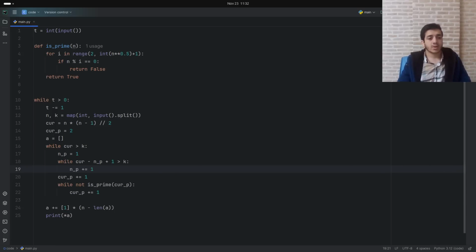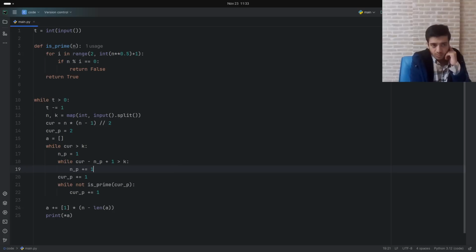So when we are adding a new prime of this prime, the current score will be decreased by the number of elements, right?